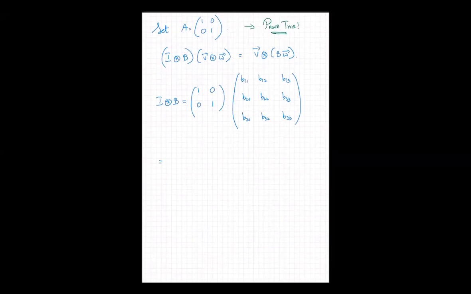Again, take the first element of the first matrix, which is 1, and multiply every single element in the second matrix to form the first 3 by 3 block. So that will be B11, B12, B13, B21, B22, B23, B31, B32, B33. Okay. What is the second element? That is 0. So this is trivial: 0, 0, 0, 0, 0, 0, 0, 0, 0.